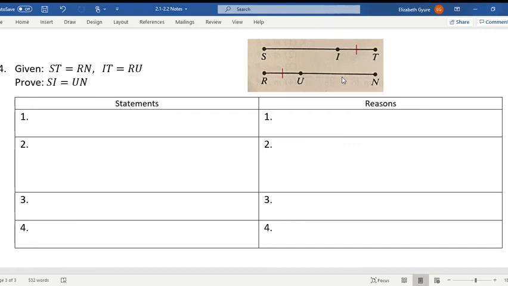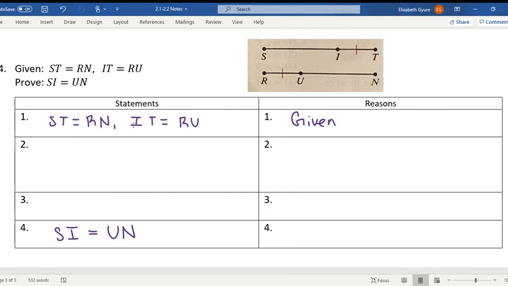So let's write down our statements. The first thing is our given. So the measure of ST equals the measure of RN, and the measure of IT equals the measure of RU. That is given. And we want to prove that the measure of SI equals the measure of UN.